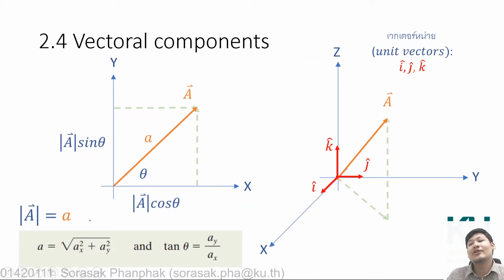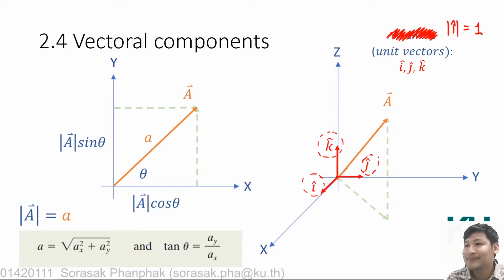Not only the vector components you have learned, we still have another way to represent the direction along each individual axis. We use i and these hat signs to represent the unit vector. What is a unit vector? A unit vector is a vector that has size equal to 1, so we call it a unit vector.